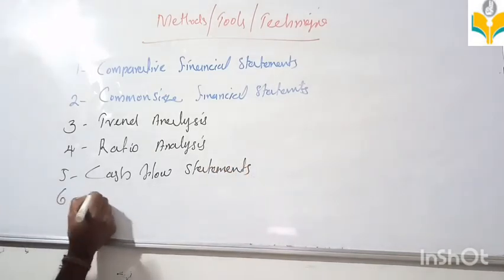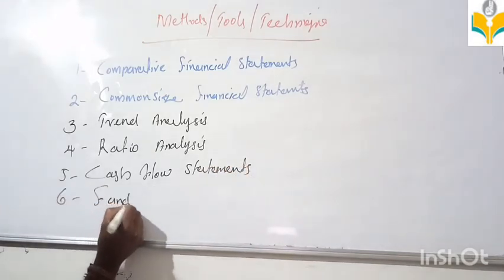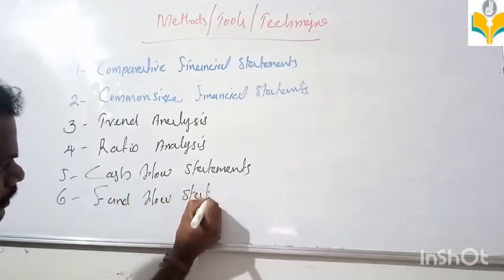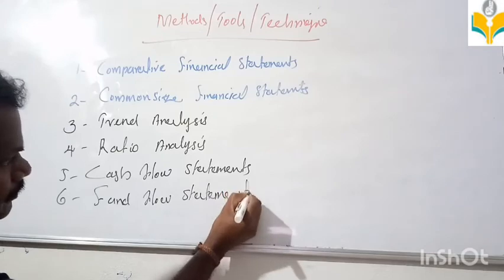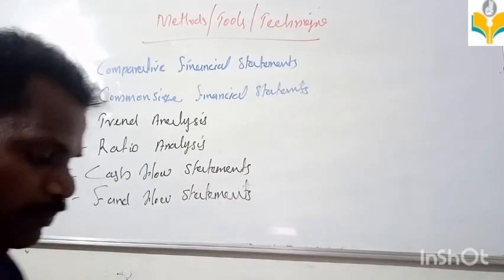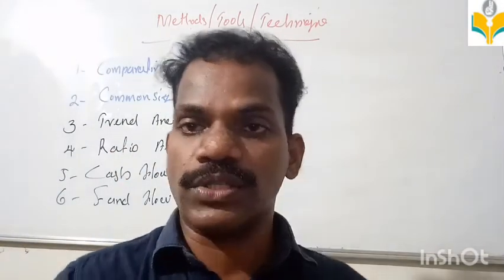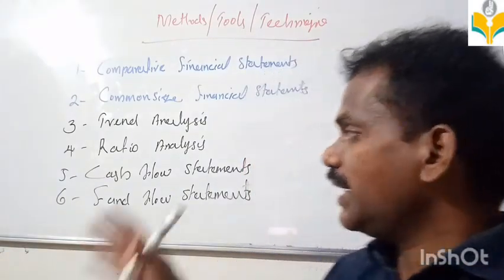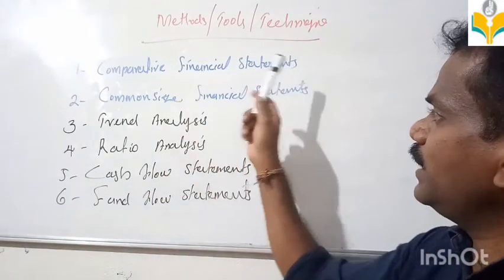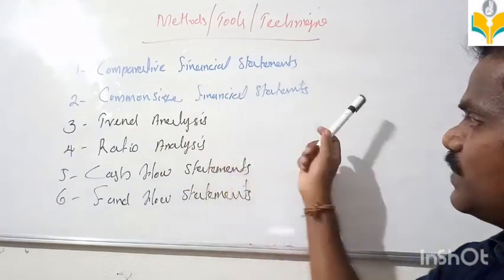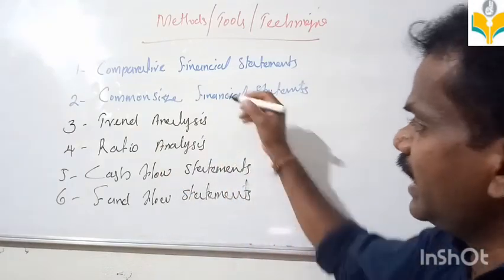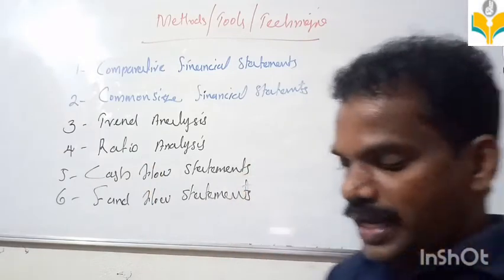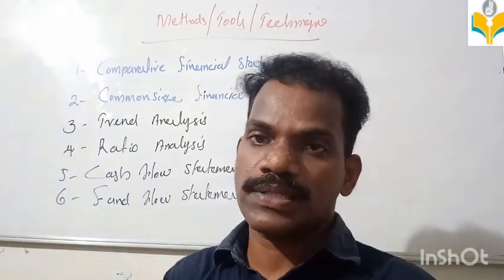And sixth one, fund flow statements. These are the important techniques or tools or methods used for financial data analysis: comparative financial statement, common size financial statement, trend analysis, ratio analysis, cash flow statement and fund flow statements.